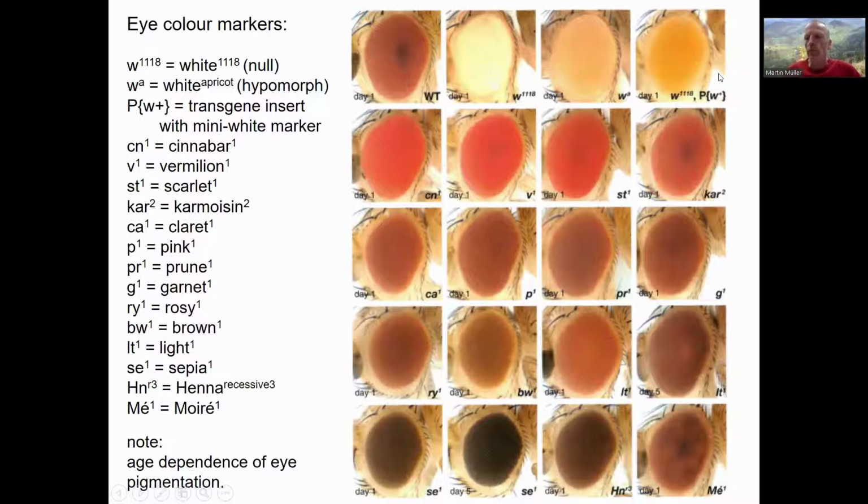Over here, a last example for white, that is a transgene insert. So these are at the endogenous locus, they are mutant for white, it's white 1118, but the transgene complements, at least partially, for the eye pigmentation phenotype.